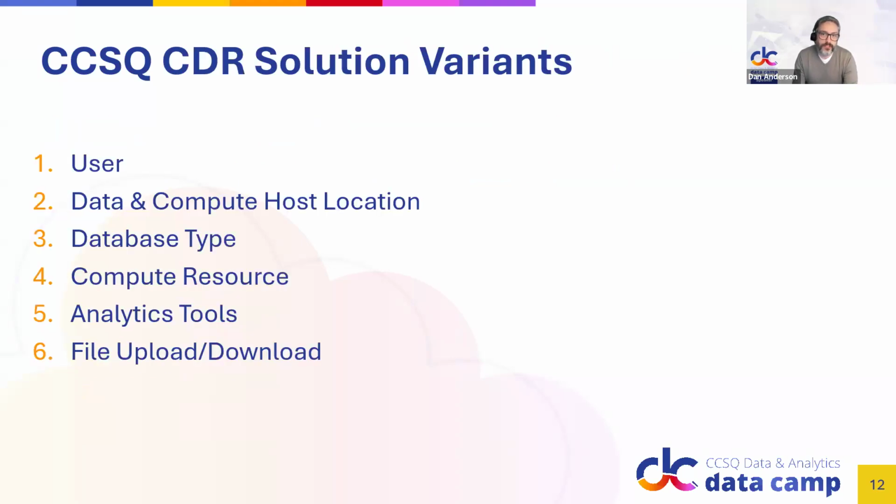Well, there are several iterations we're going to look at. But each of them will call out a user, a data and compute host location, some database types, compute resource, analytic tools, and also some variability in file upload and download.